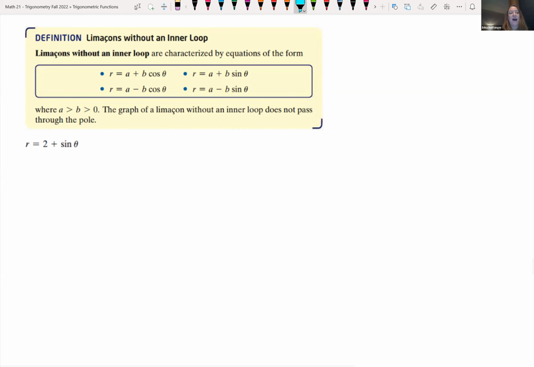Limaçon curves without an inner loop are characterized by the following equations: r is equal to a plus b cosine theta, r is equal to a minus b cosine theta, r is equal to a plus b sine theta, or r is equal to a minus b sine theta. In this case, a is greater than b, which is greater than 0. The graph of the limaçon without an inner loop does not pass through the pole.